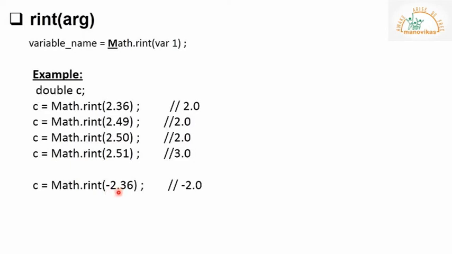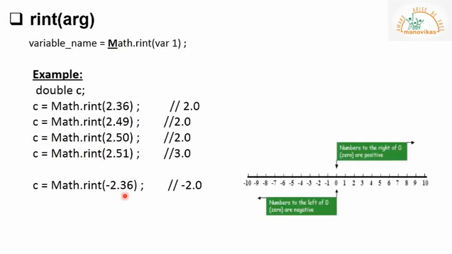Actually, minus 2.36 lies between minus 2 and minus 3. So the bigger integer is minus 2. So you will get minus 2 as the result. Please look at the number line and try to understand these values.